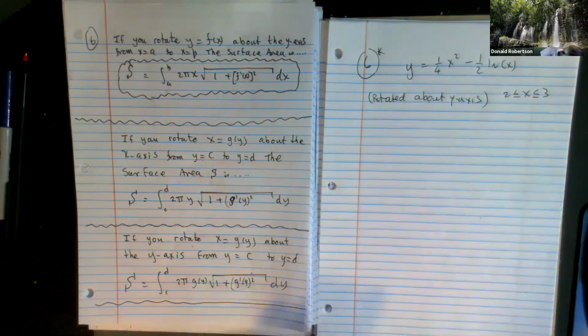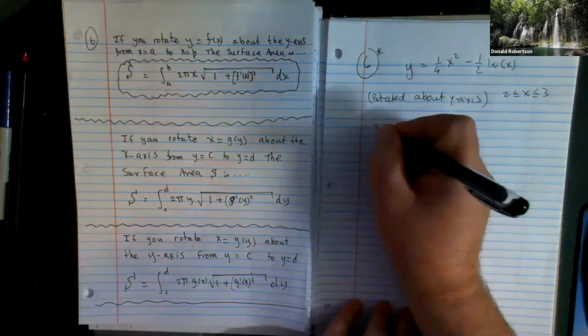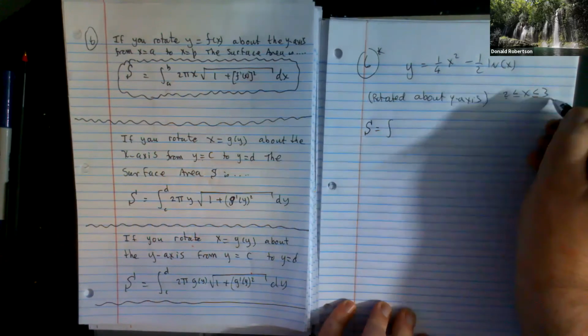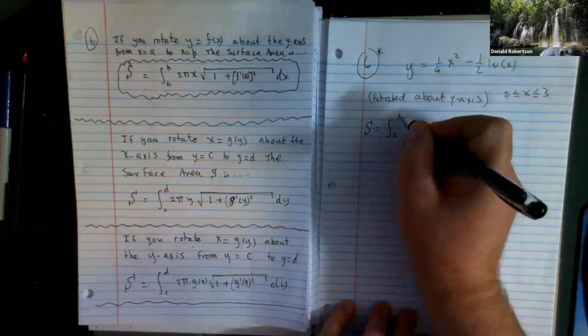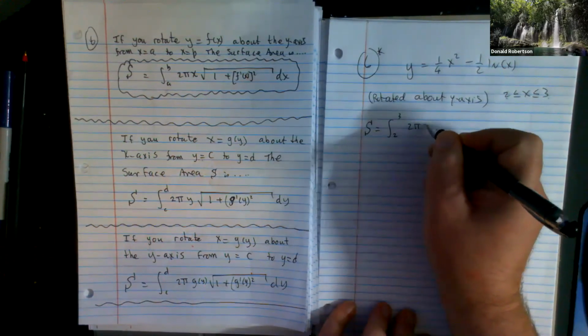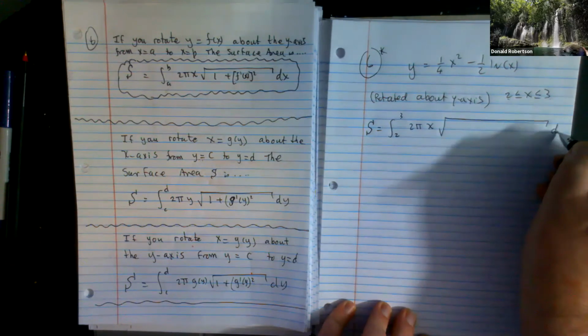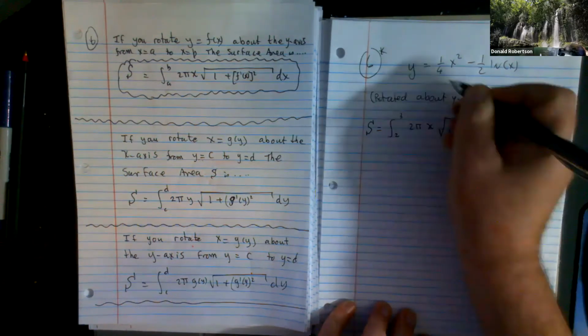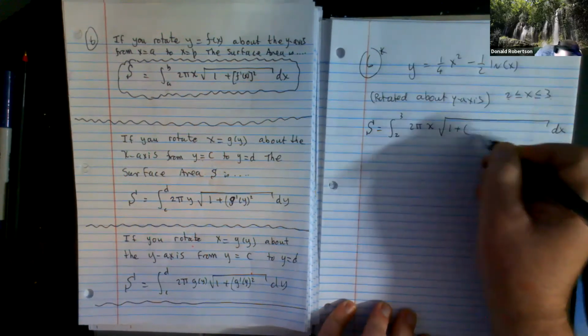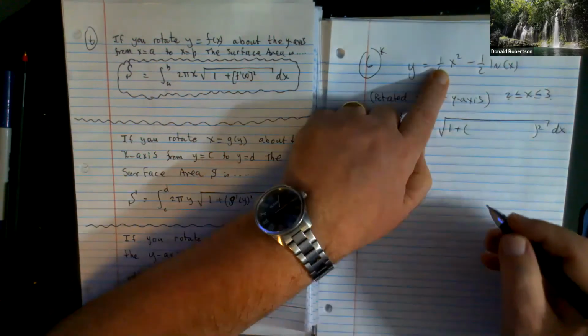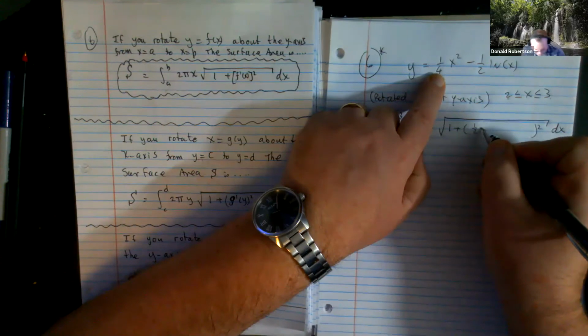And in this case then, the formula that gets you the surface area is the integral from a to b, 2 pi x, the square root of 1 plus the derivative of this guy squared. Now, if you differentiate 1/4 x squared, you get 1/2 x.